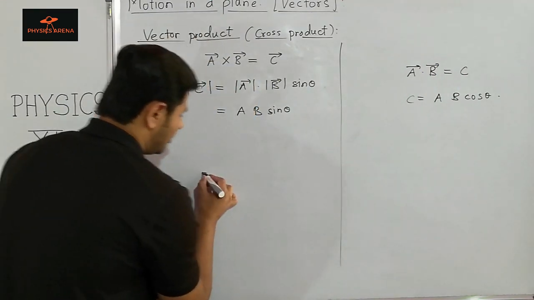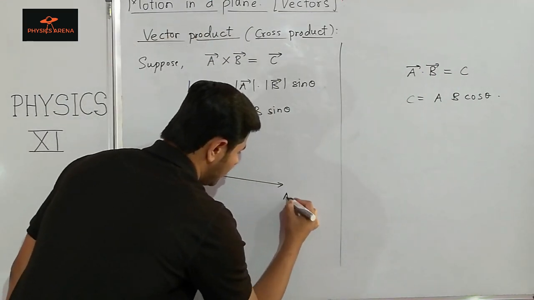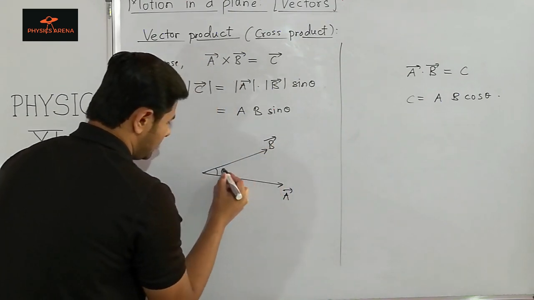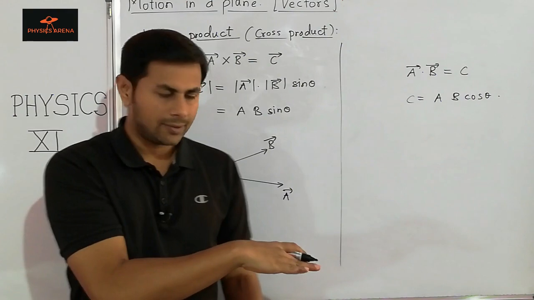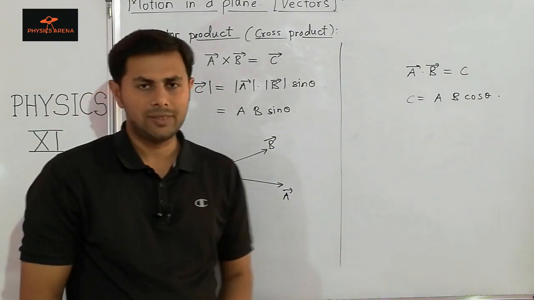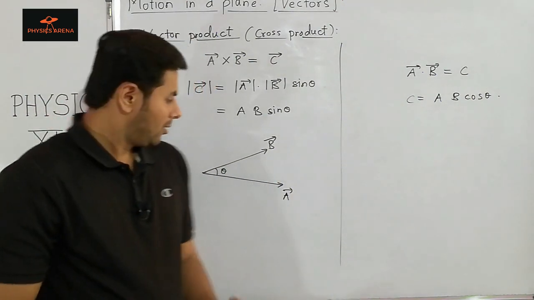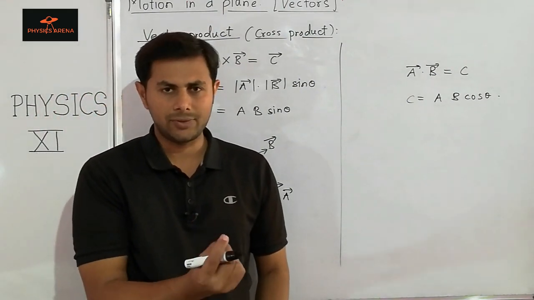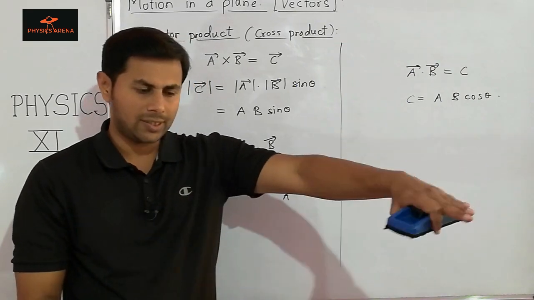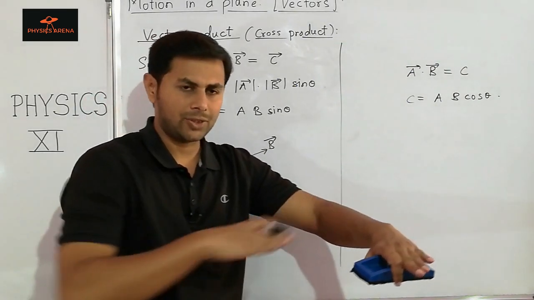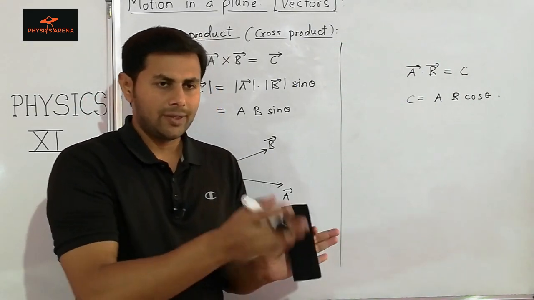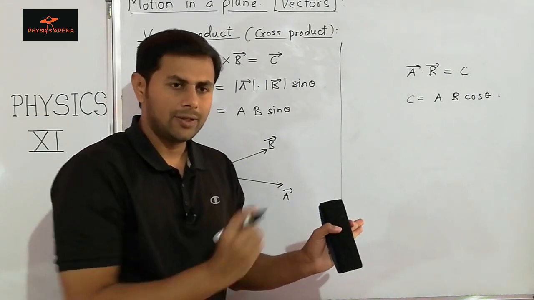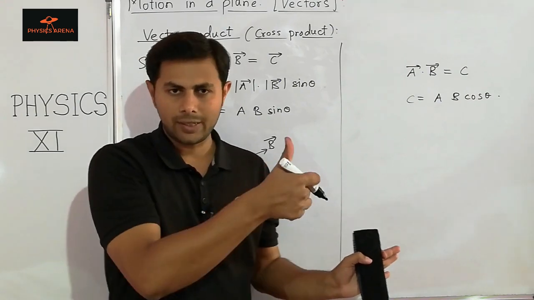So suppose we have our two vectors A bar and B bar lying in xy plane and angle between them be theta. Then if I rotate the right-handed screw like this, so this is direction of A bar, this is direction of B bar, I will rotate the right-handed screw from A bar towards B bar, so it will advance in this vertical direction.